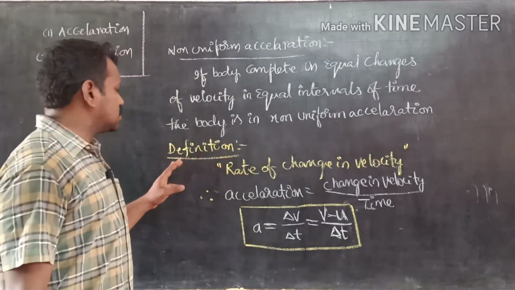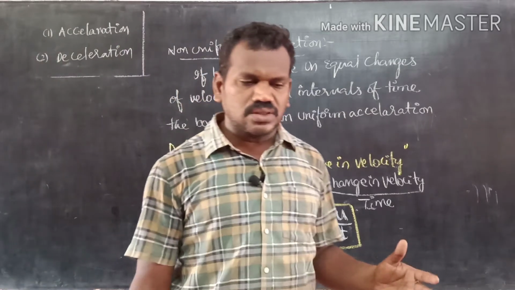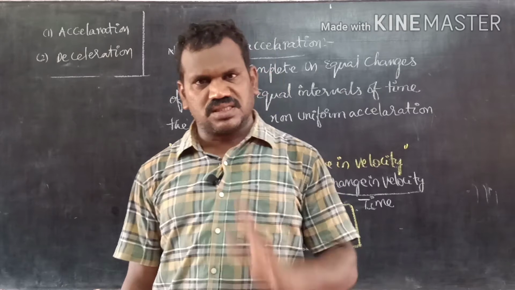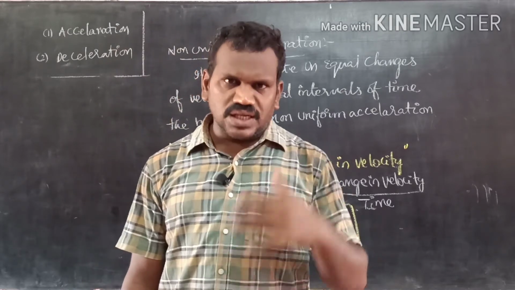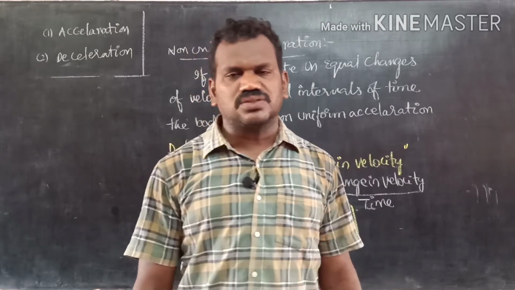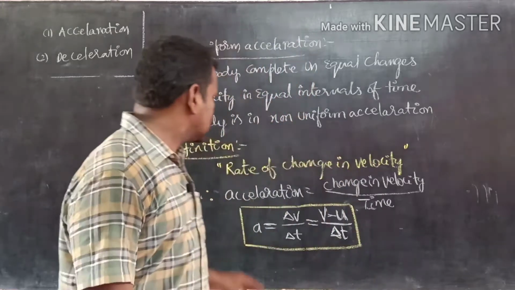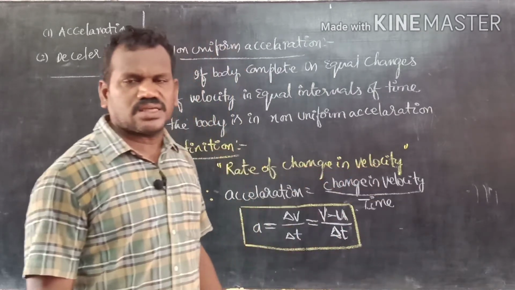Now let us come to the definition of acceleration. Till now what we understood is that acceleration is nothing but change in velocity with respect to time, physically called the rate of change in velocity.